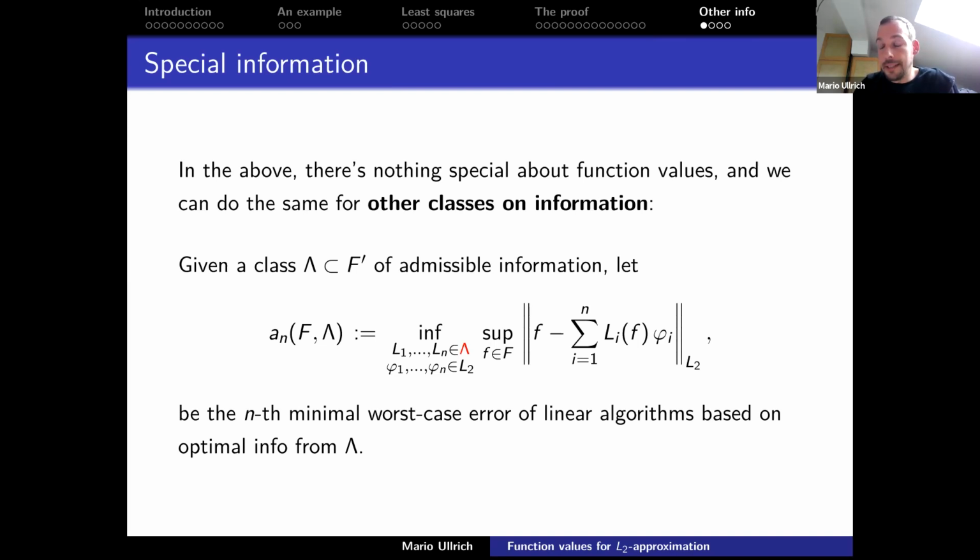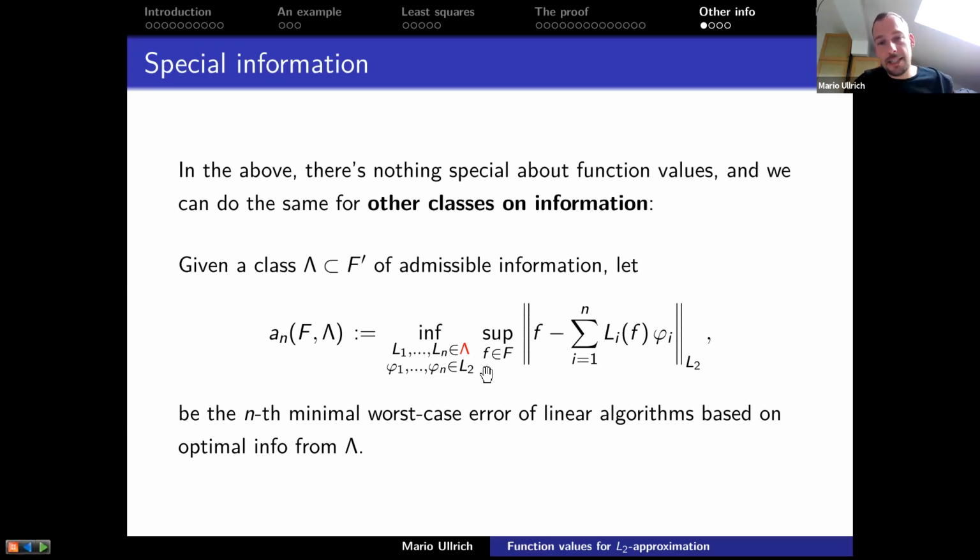Basically, the heuristic that one should have in mind is, if the approximation numbers are square summable, then good information, whatever you mean by good, but good information is nothing rare. Basically, every information is fine. Right? But what we also know is, if the approximation numbers are not square summable, then arbitrary information might be completely useless.